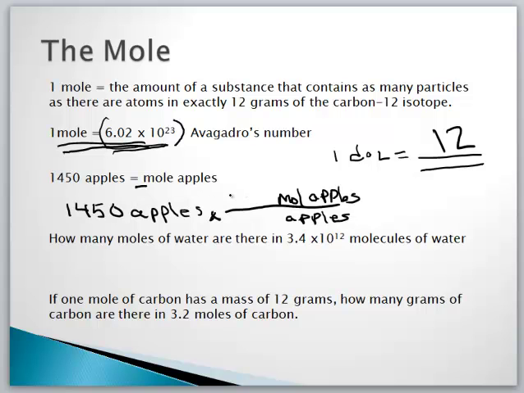So 1 mole is equivalent to 6.02 times 10 to the 23rd apples. As we did before with dimensional analysis, the math is 1,450 divided by 6.02 times 10 to the 23rd, and that's going to give us 2.4 times 10 to the negative 21st moles.